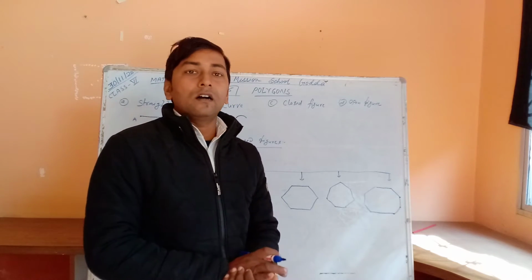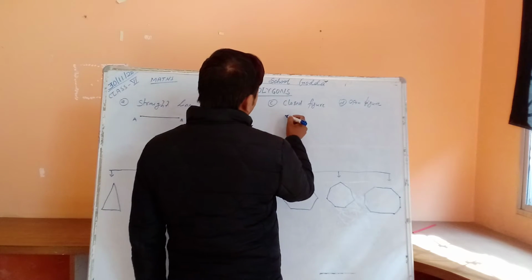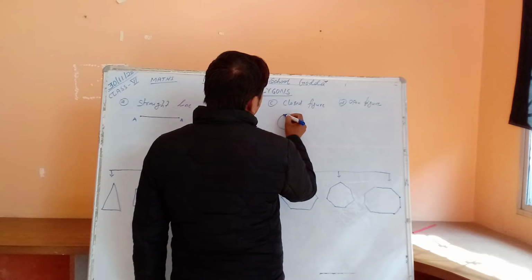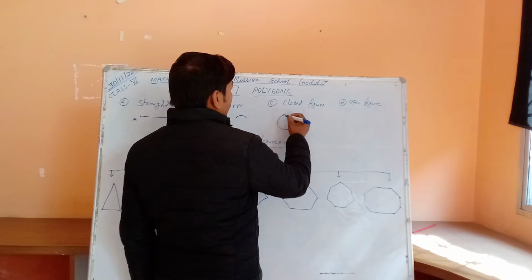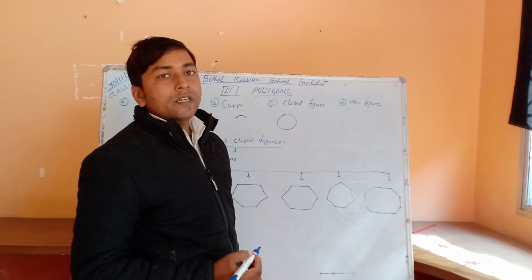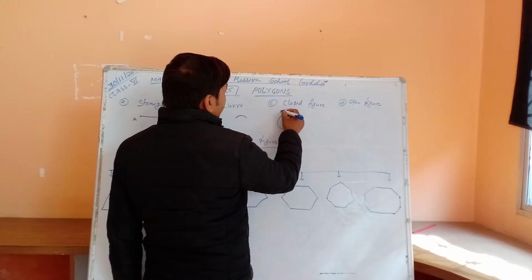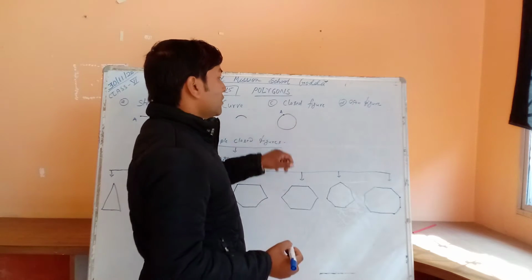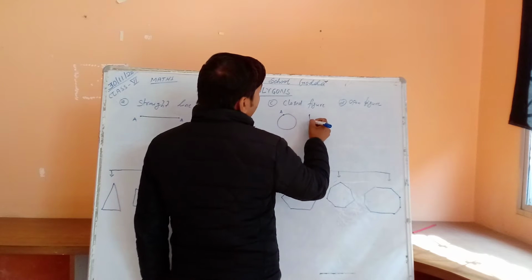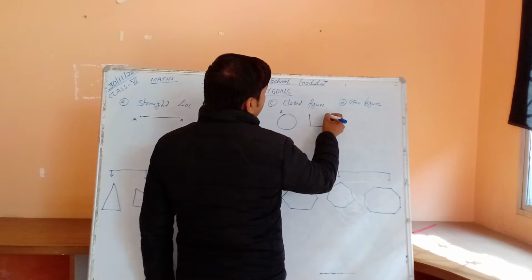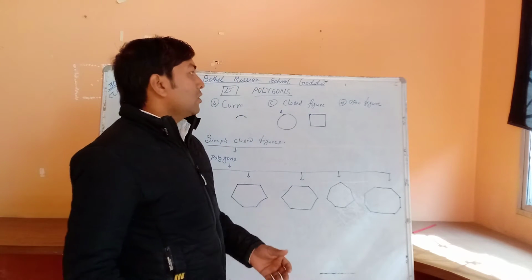Now closed figure. If the starting point and the last point are the same, we start to draw from a point A and come to A again, or if I start from this point and again come to the same point, that is a closed figure.